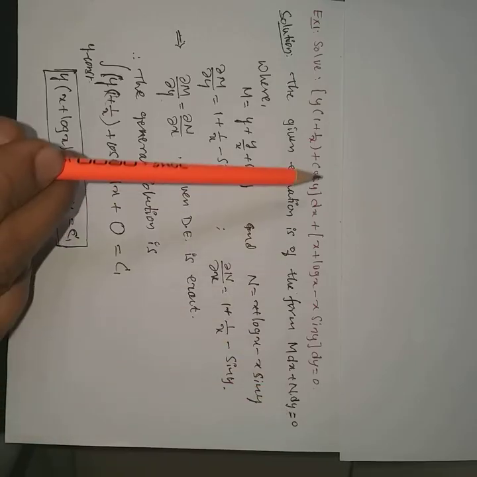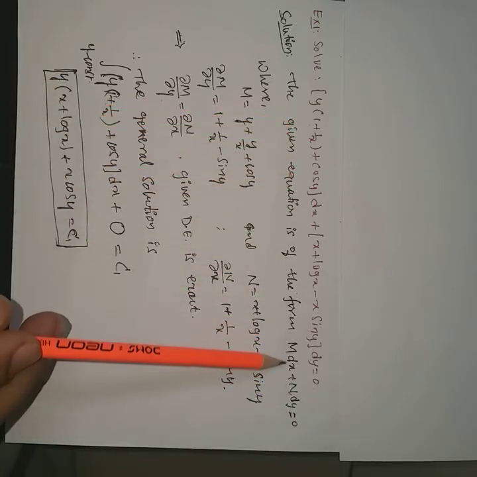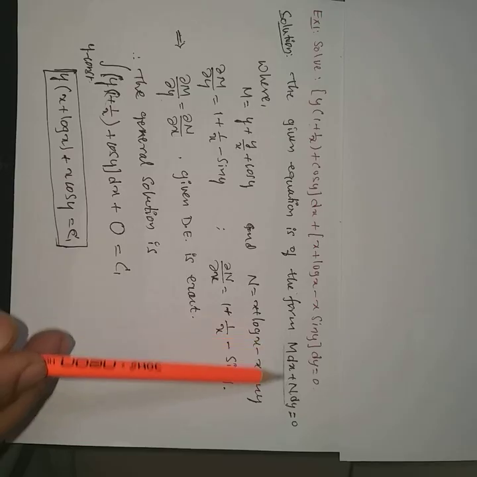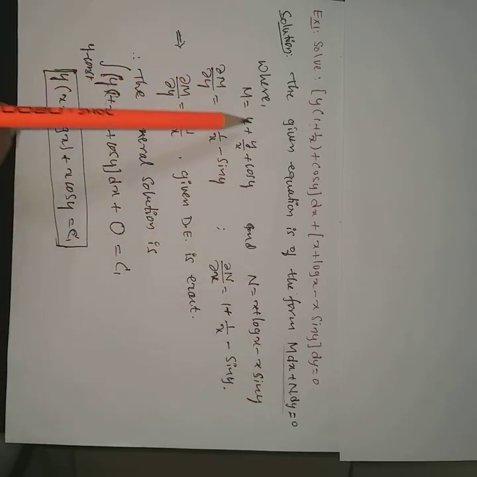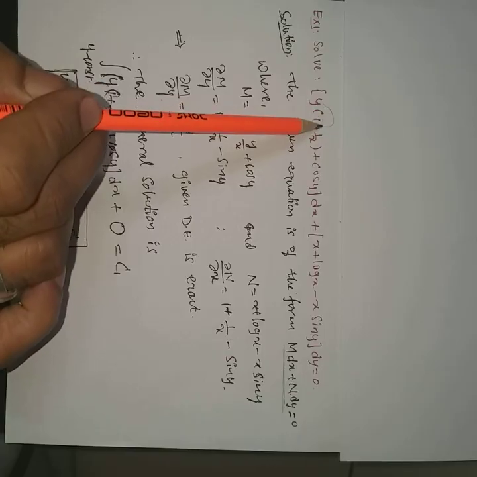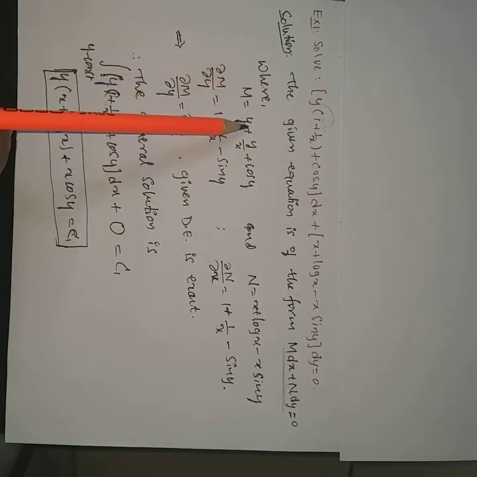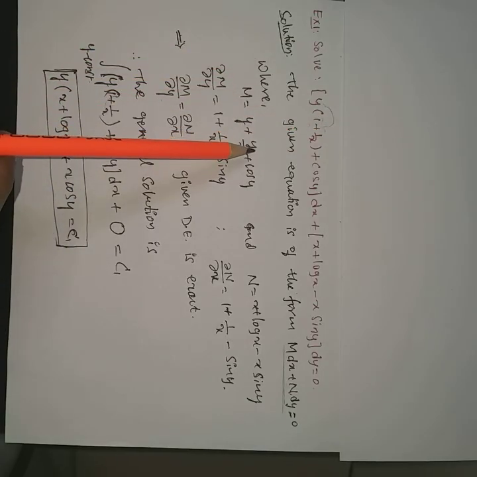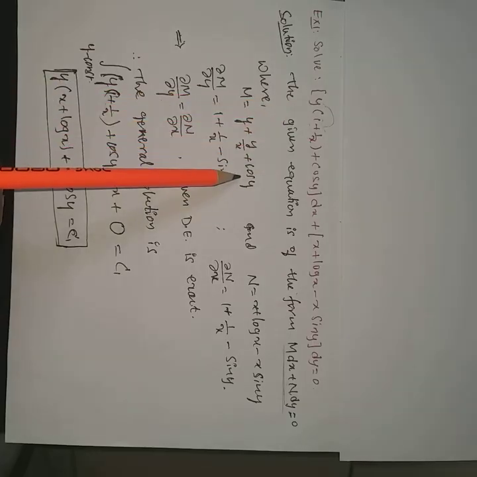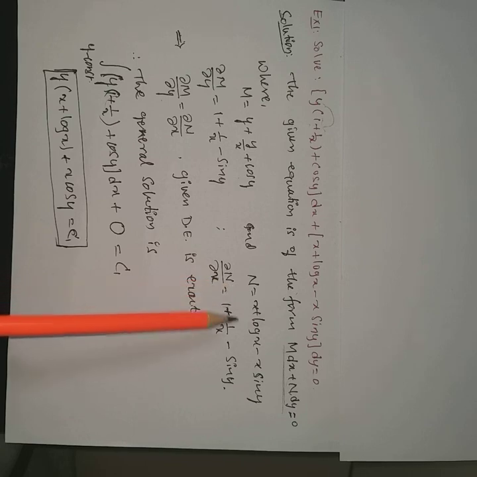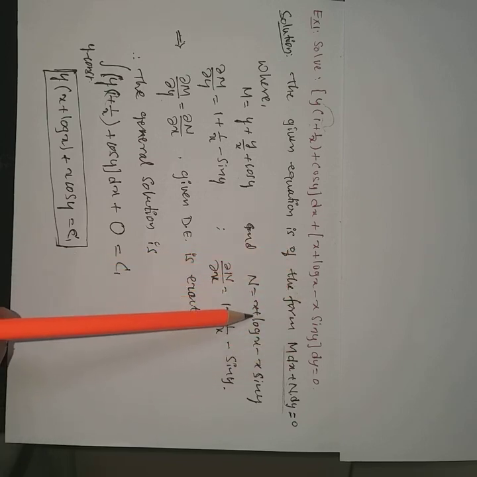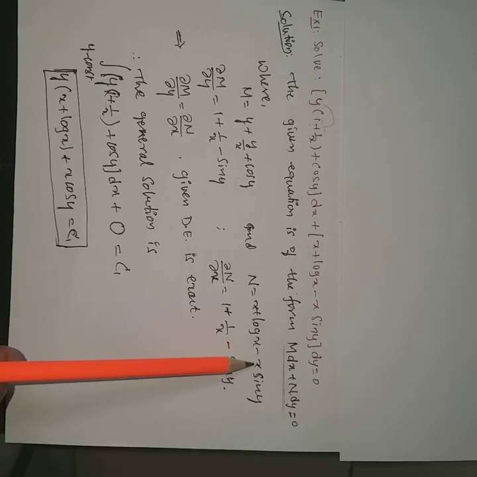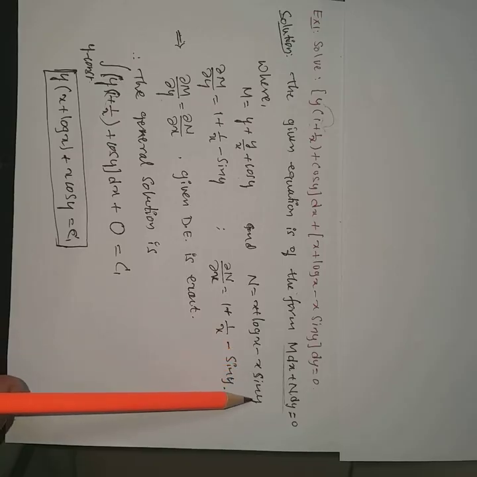Comparing the given equation with this, taking y inside the bracket, M is equal to y plus y by x plus cos y, and N is the coefficient of dy, that is x plus log x minus x into sin y.